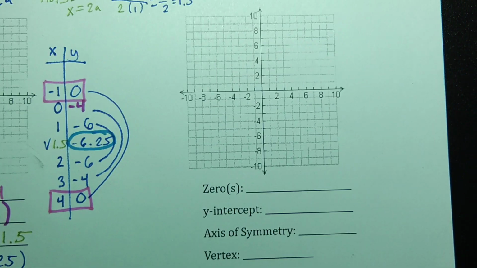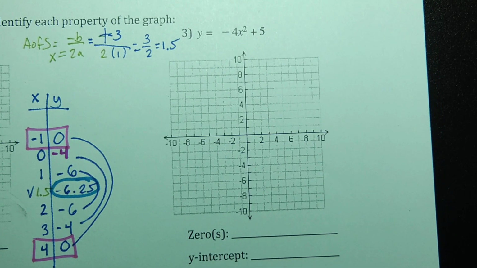On this next one, take a look at the original equation. If I asked you to state the A, B, and C values, which of those values are we missing? B. B, because there's no x term.